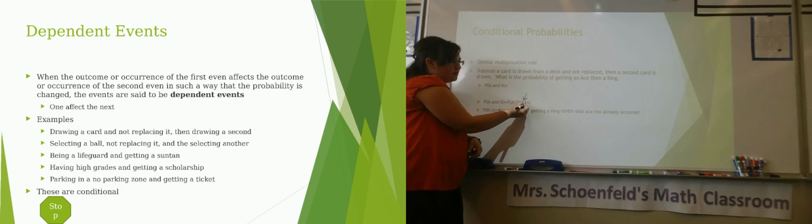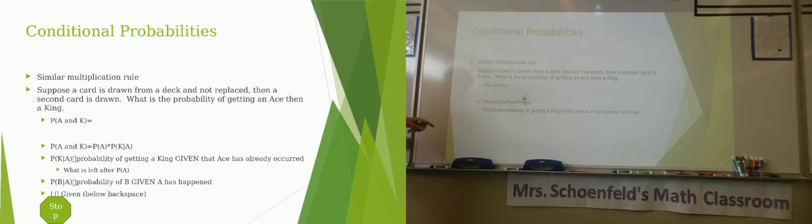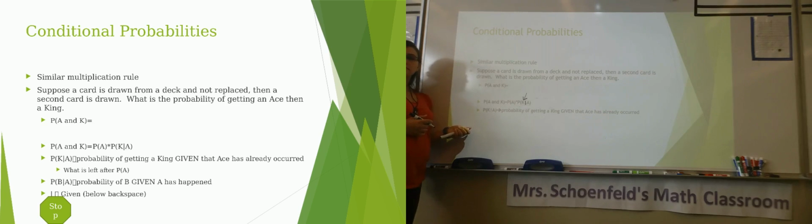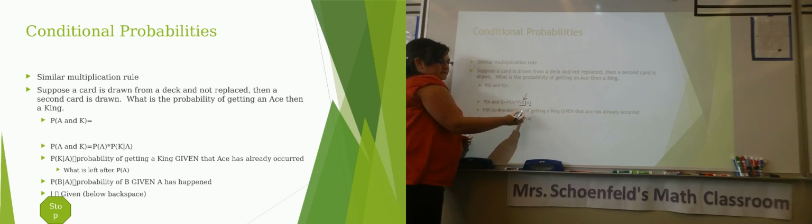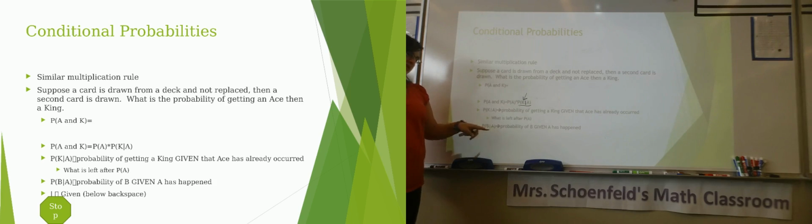This little vertical bar is usually how we say given. So basically what we're finding out for this piece is what's left over after A has already happened. The general way we say that is: what's the probability of B given that A has already occurred.